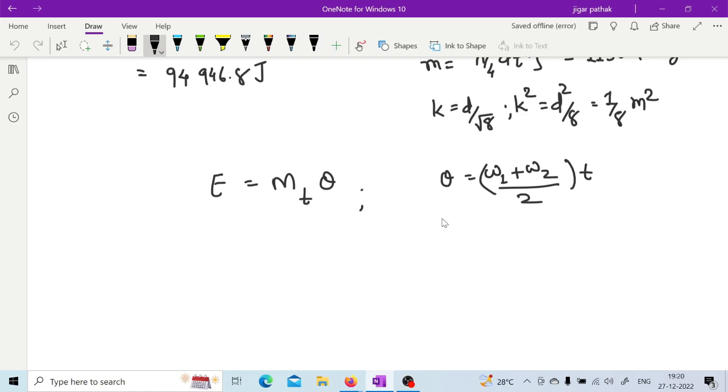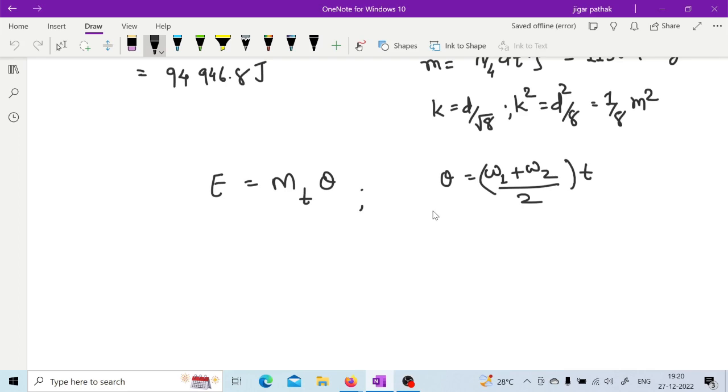Sir, if we do it by angular acceleration alpha, I alpha, but we don't have alpha with us. So now we need to go by this only, but yes, we can calculate alpha as well.